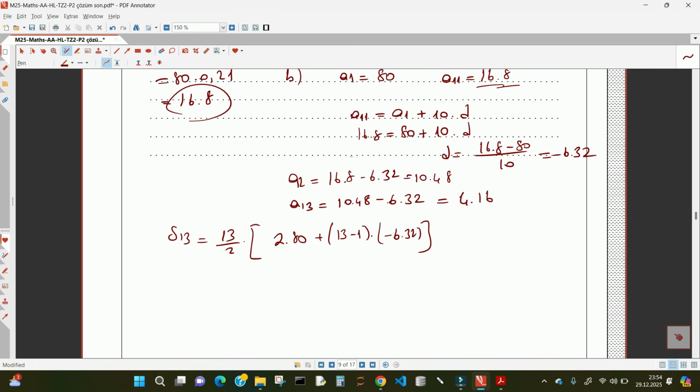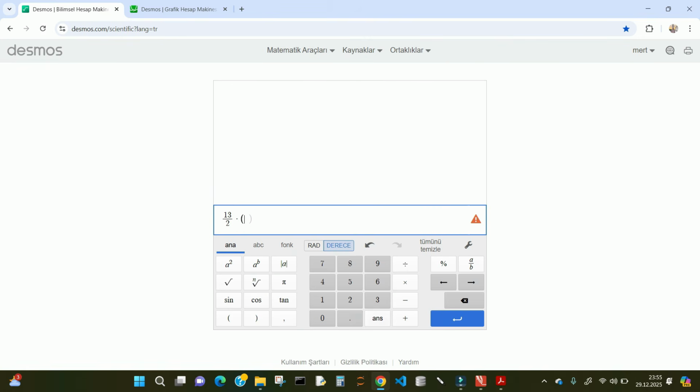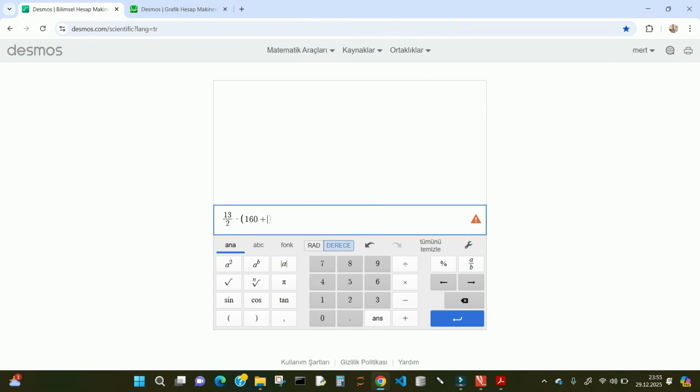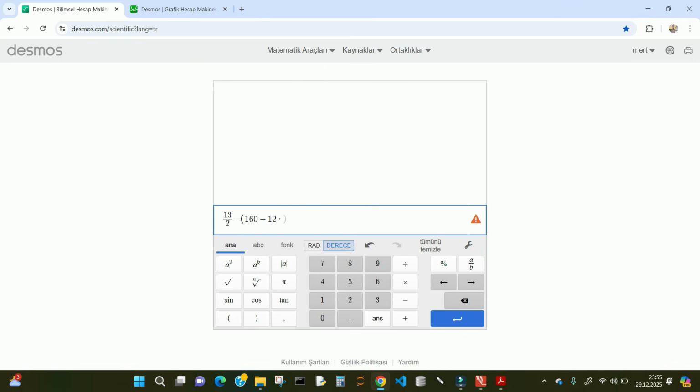Let's find this one: times, in parentheses, 160 plus 12 times minus 6.32. It's going to be 547.